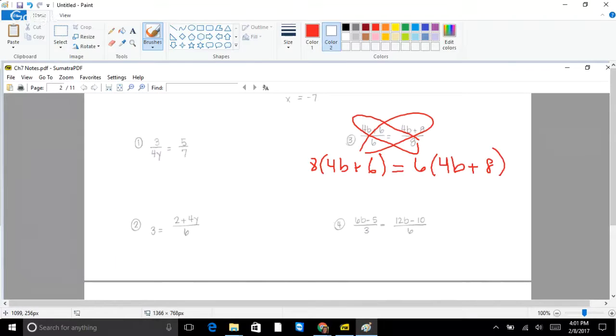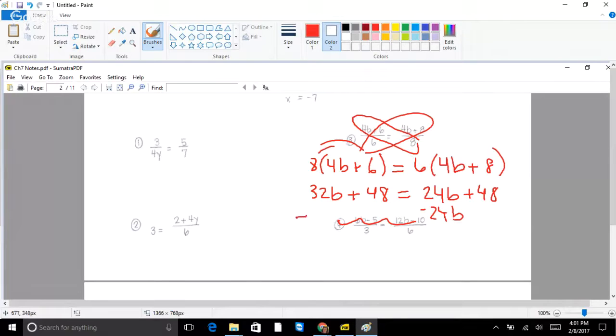Okay, so let's distribute, my favorite property, right? 8 times 4b is 32b. 6 times 8 is 48. Let's send our b's to the same side.